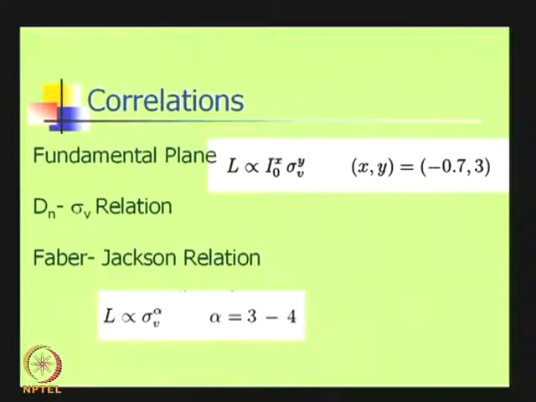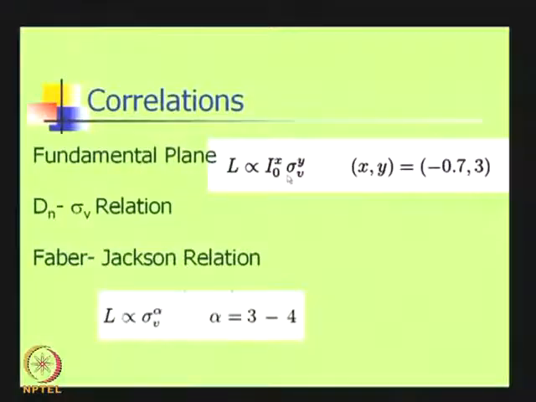So, the kinetic energy and the gravitational potential energy are related, one is half of the other. From there you can find that such relations should exist, and these are observationally found.